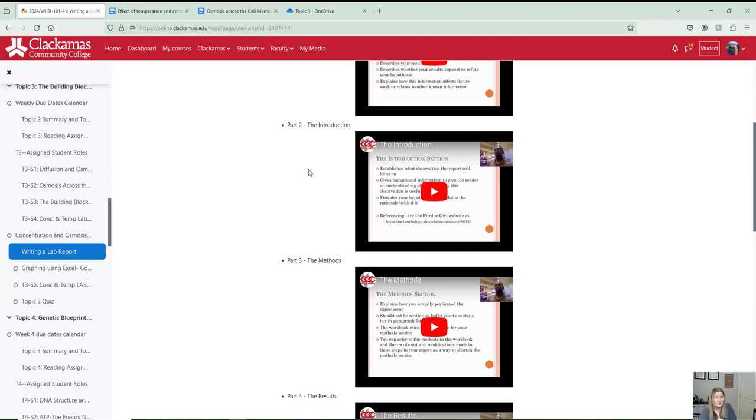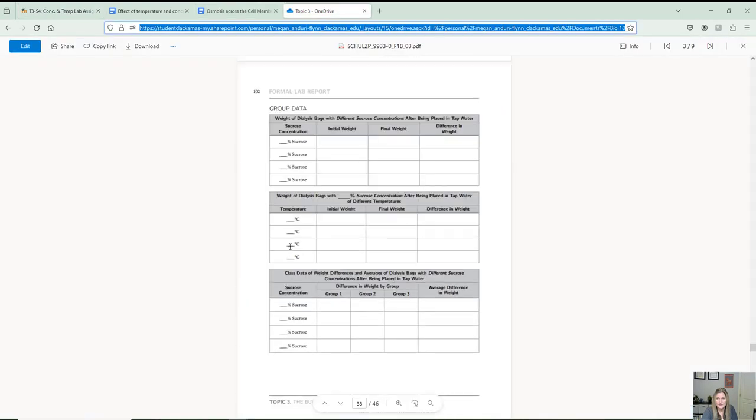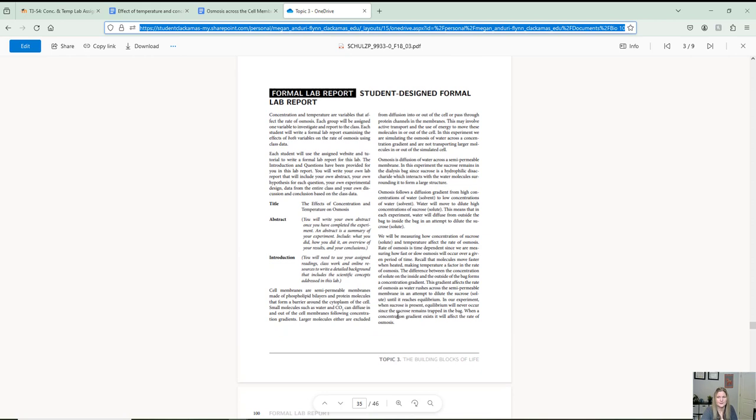For the introduction, you can start looking at background information, which is included in our topic 3 lab here. You can think about osmosis, what it is, and why things will change the membranes, allowing certain things in and certain things out at different rates.